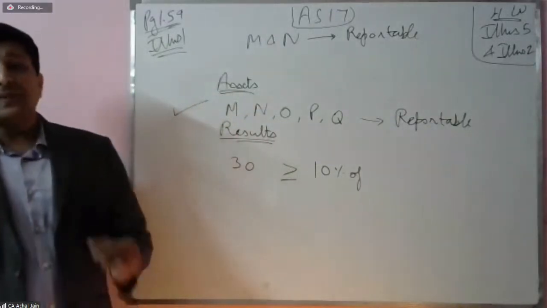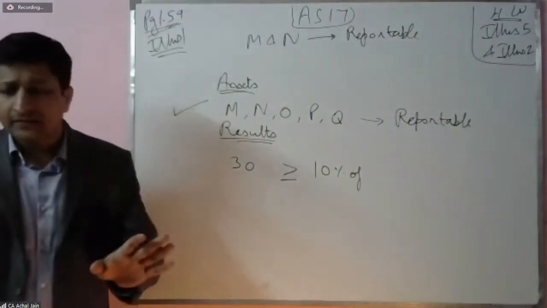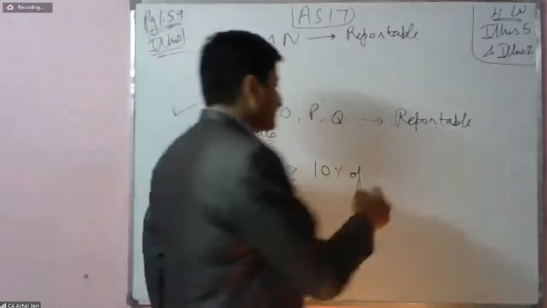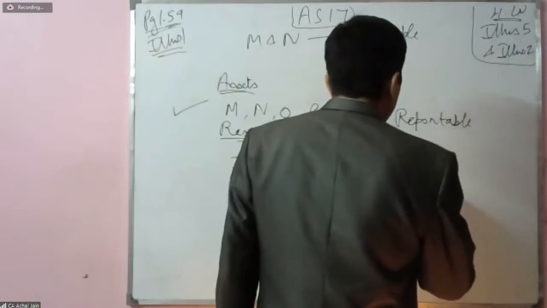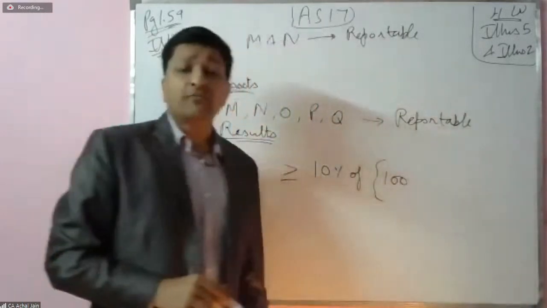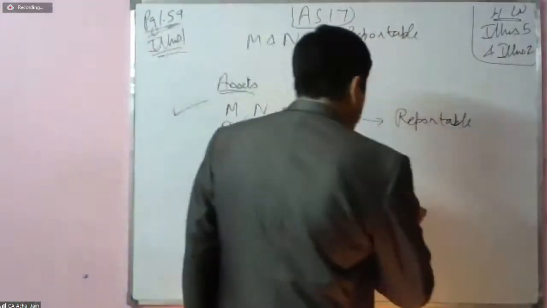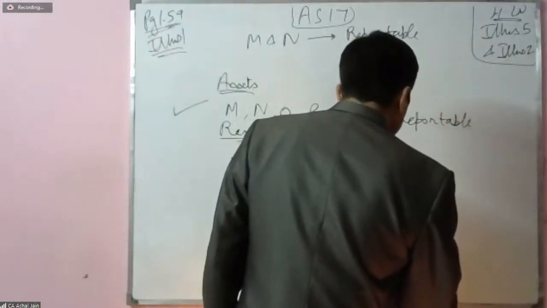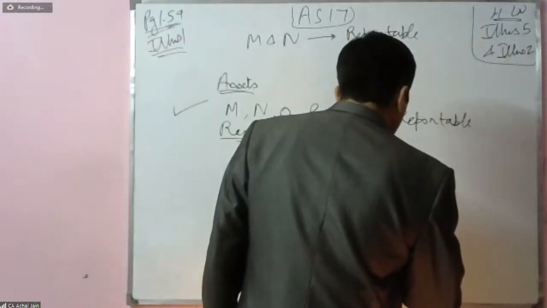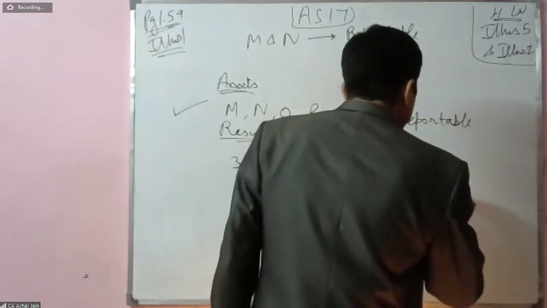Correct? So it's 100. This is the total of profits. Or you can say total of only profits.